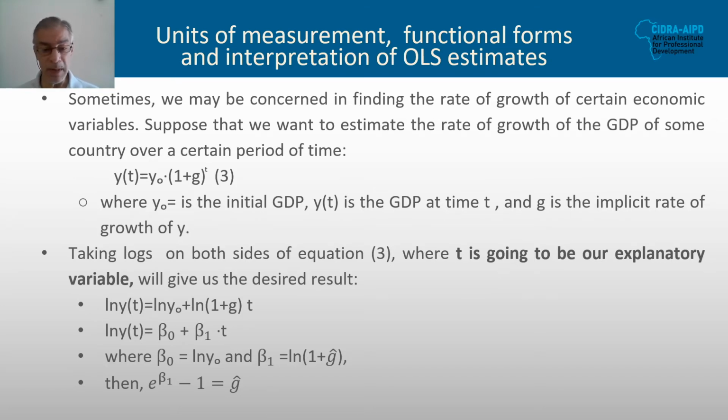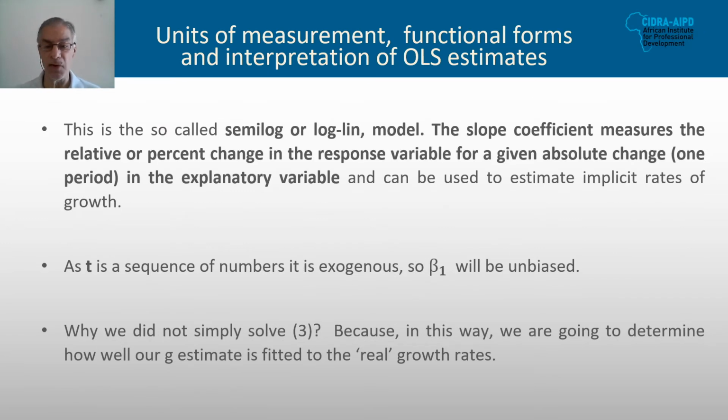And then we can estimate g by taking the antilog of beta sub 1, that is going to be log of 1 plus g, and subtract 1, and then we are going to get our g, that is our rate of growth. And this is much more informative than simply solving equation 3.